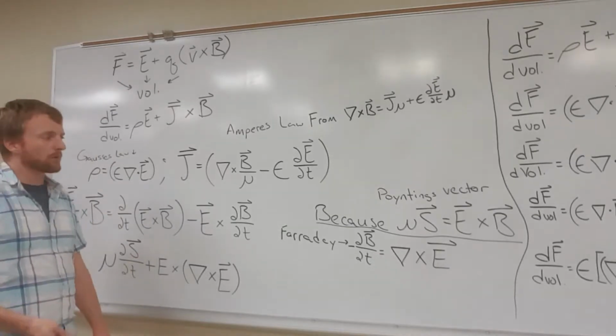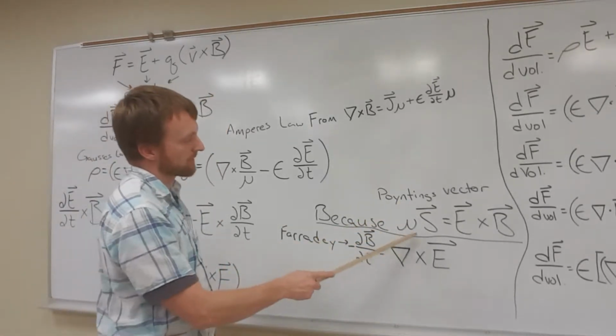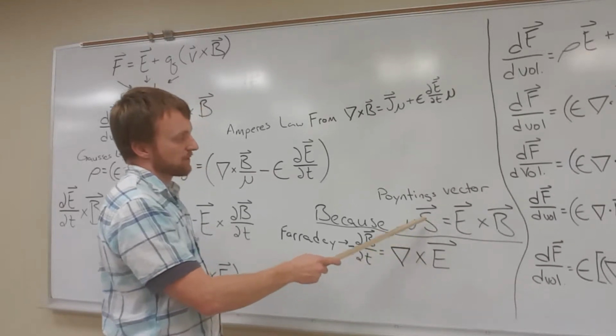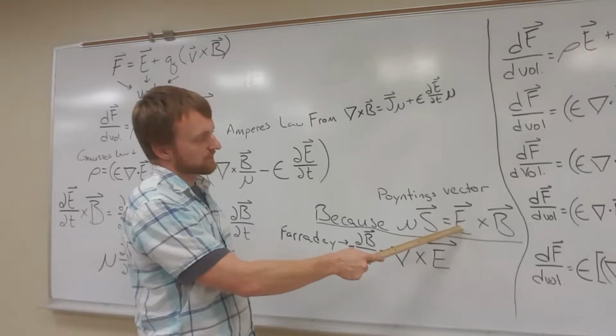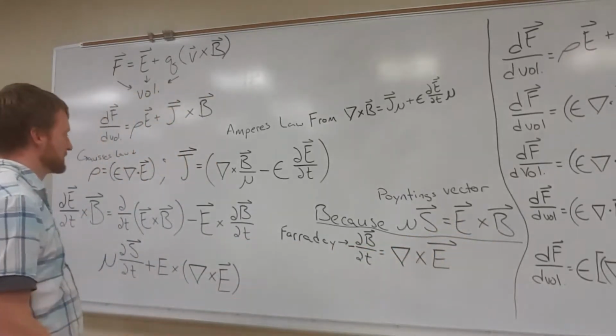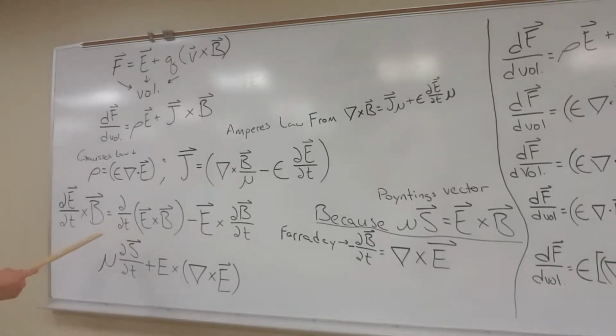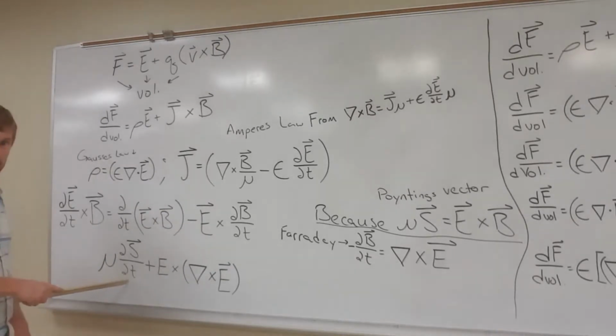We've seen that before with the Poynting vector. So the permeability of free space times the Poynting vector is equal to the electric field crossed with the B field. So we're going to turn that into the Poynting vector right there.